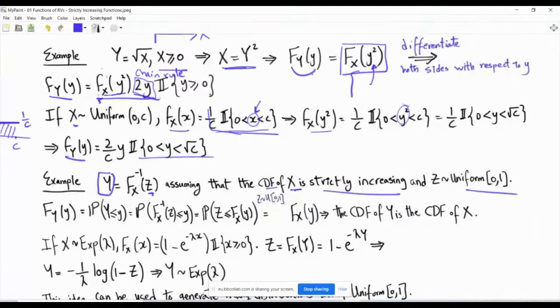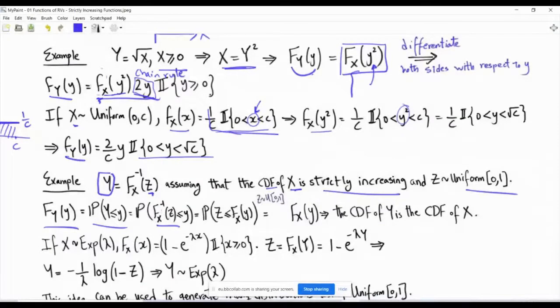Okay, and the question now is, what is the distribution of Y? Let's start with the CDF of Y. CDF of Y, by definition, is the probability that big Y is less than or equal to small y. What is big Y? It is basically this function of Z. It's the inverse of the CDF of X applied to the random variable Z, which is uniform 0, 1.